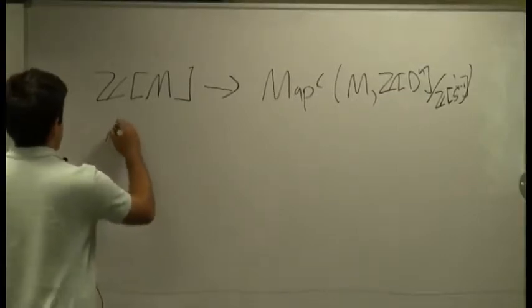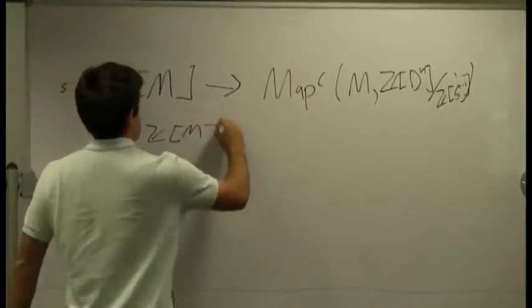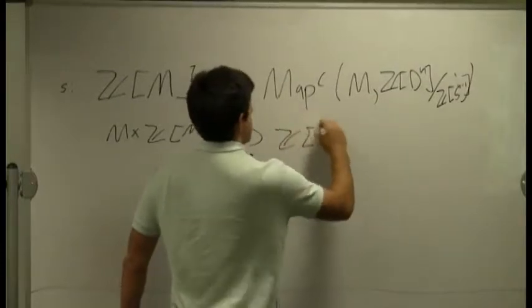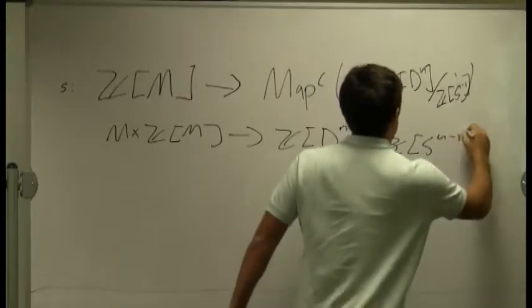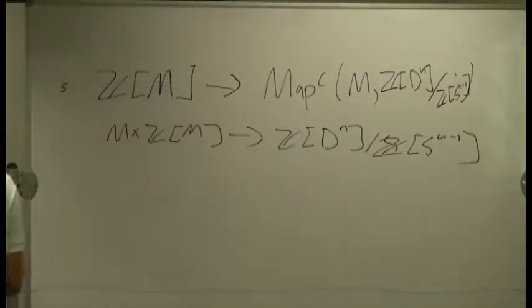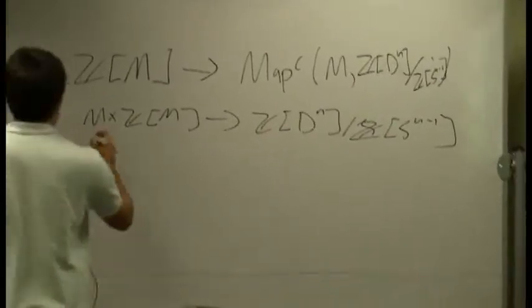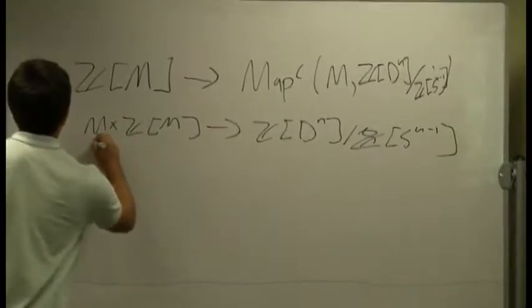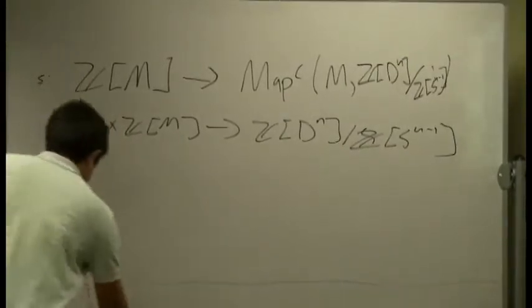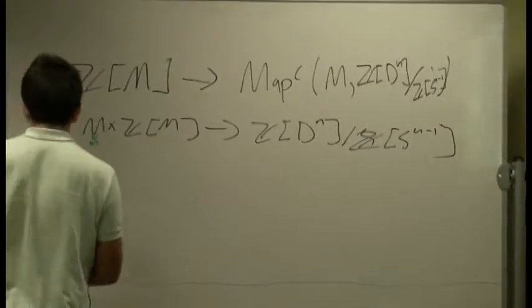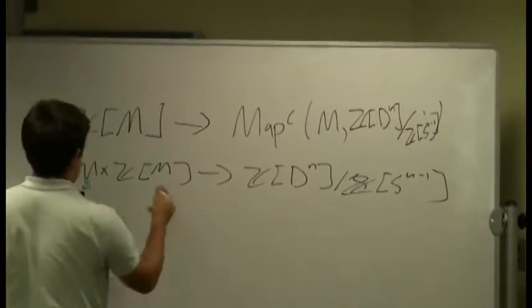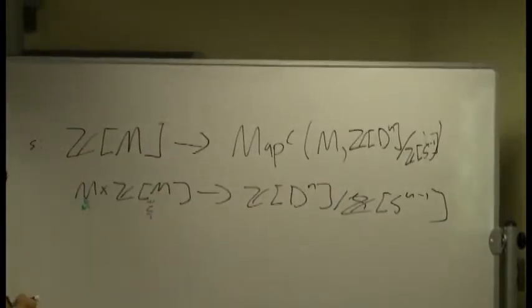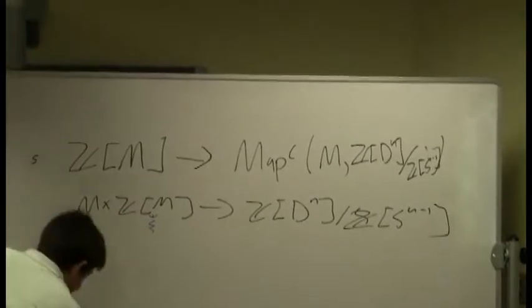So let's say we have little m in here, and the squiggle is the configuration in this space.